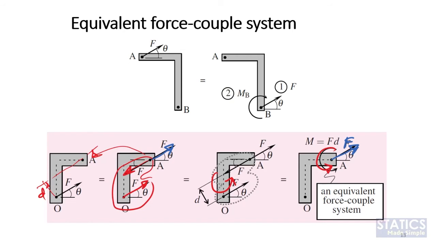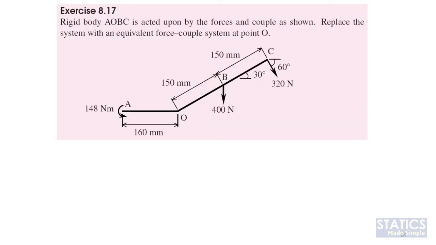Let us look at one example. Here we have a rigid body acted on by two forces and one free couple. This 148 Newton meter is a free couple, because it's given in this form, a counterclockwise rotation.